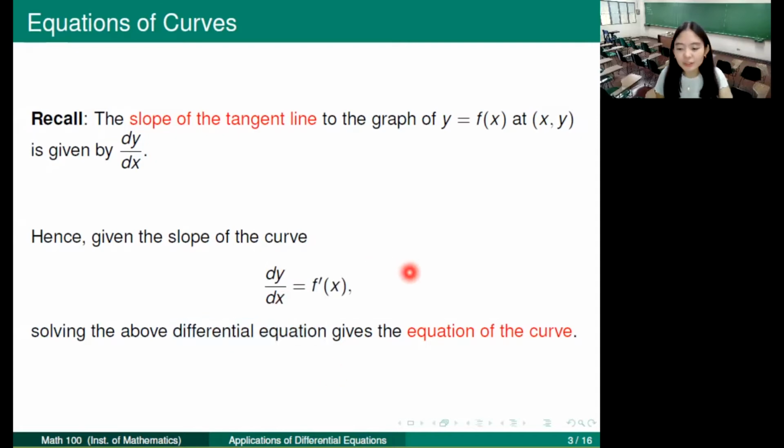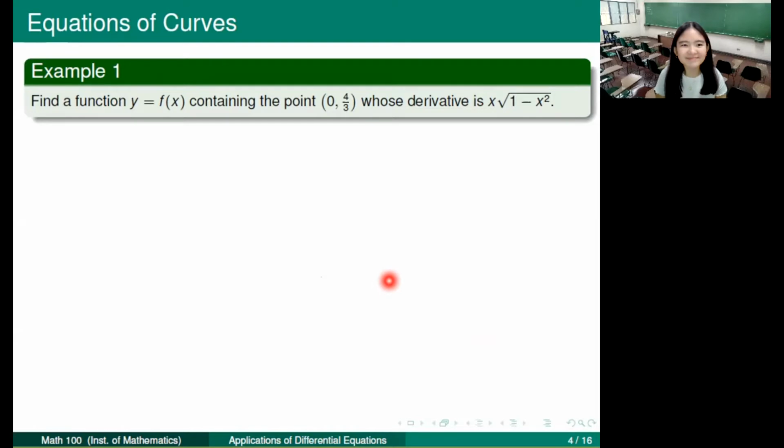So let's see how we will do that in this example here. Okay, so we have here example number 1. Here we are to find a function y equals f of x, so a curve, yun ang pinapahanap sa atin, satisfying certain properties. The first one is that we want our curve to pass through or contain the point (0, 4/3). And the second condition is that its derivative is equal to this expression right here.